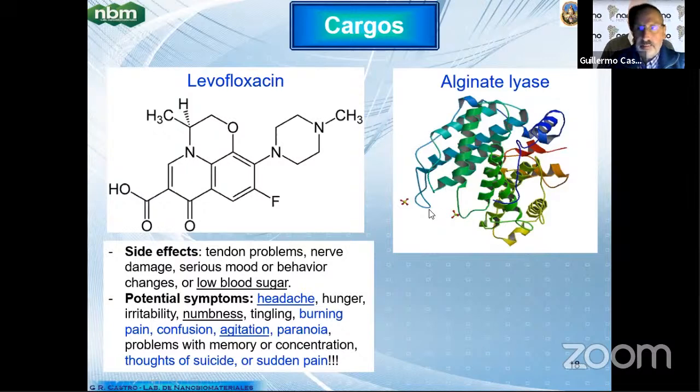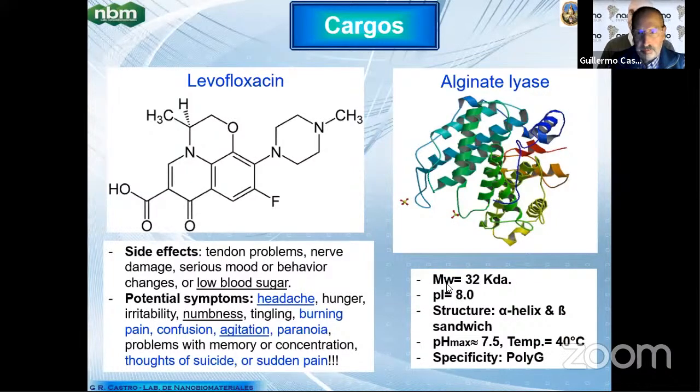So in this case, we just used alginate lyase. Alginate lyase can be produced by several microorganisms and is able to degrade the biofilm produced by Pseudomonas aeruginosa.